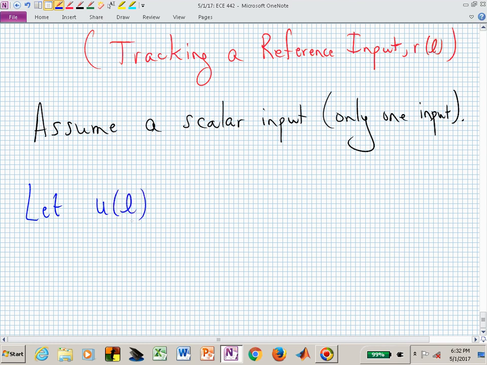So now our input to the system, U of L, is what we just learned. We're not throwing that out. We're keeping that. We liked that. We like to be able to adjust our dynamics arbitrarily. Our system is controllable. Now we can find the K that we want.